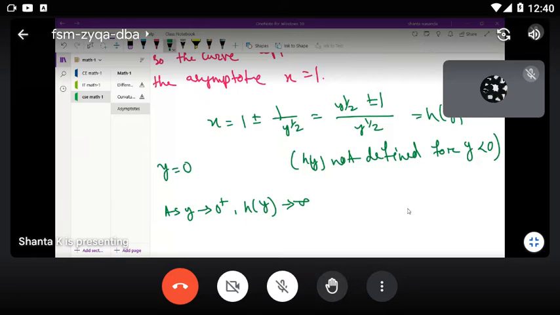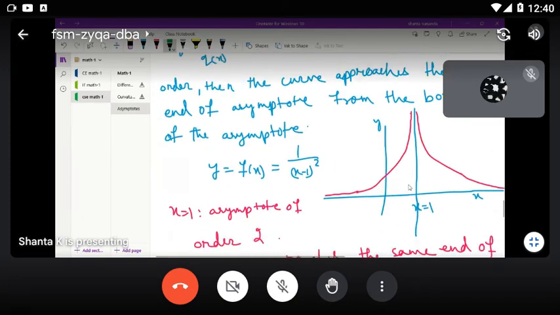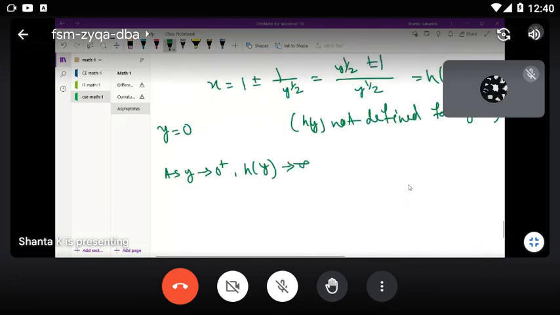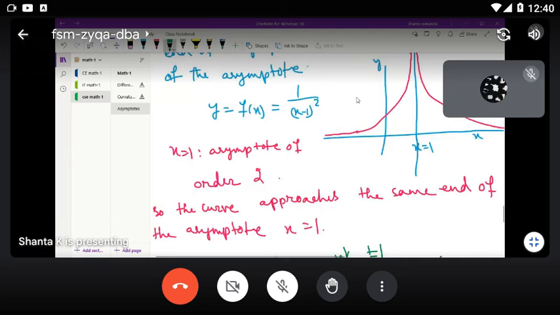And the x-axis is a horizontal asymptote of the curve. It's not of odd order, so here you cannot say that. And there is one thing: it's not defined for y less than 0, so y approaches 0 from only one side. There is no opposite side.